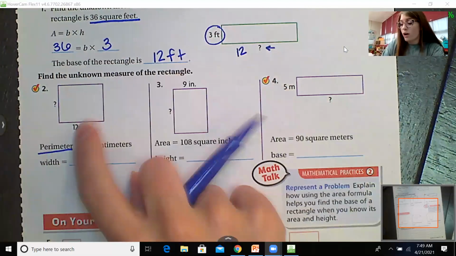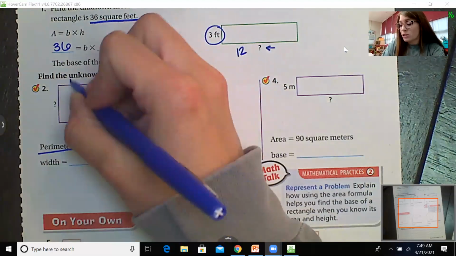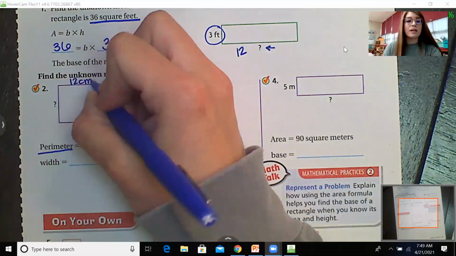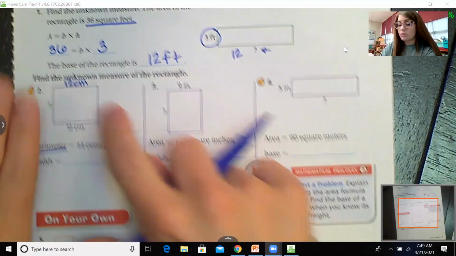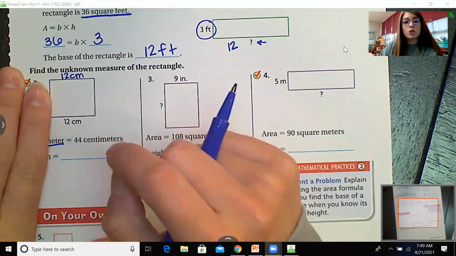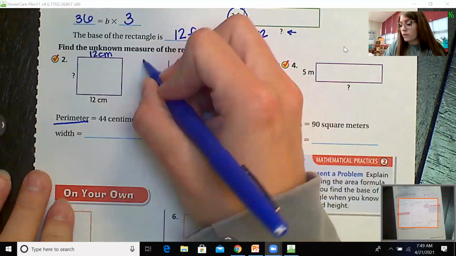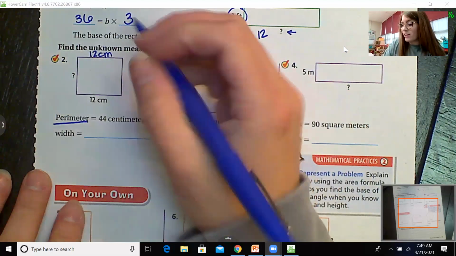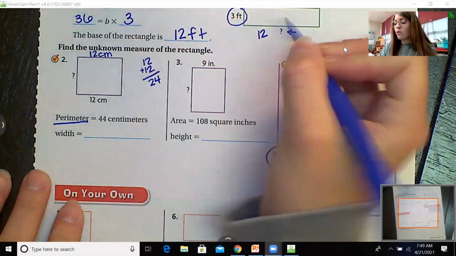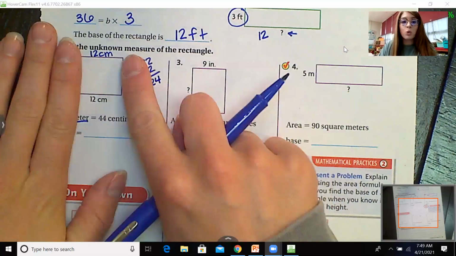So this side is 12, which means this side is 12 as well. Now, here's what we can do with perimeter. I'm going to go ahead and take these two sides and add them up. 12 plus 12 is going to give me what? 24. Very good. So I know that between those two sides, I've got 24.